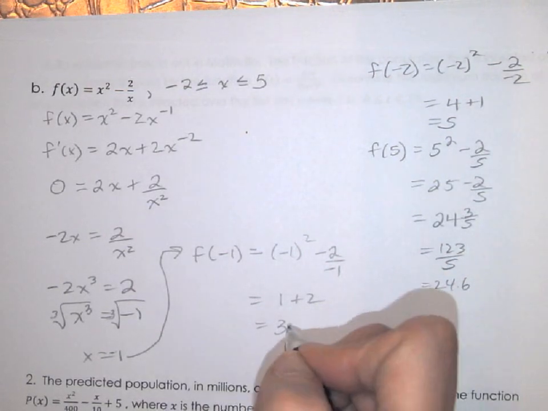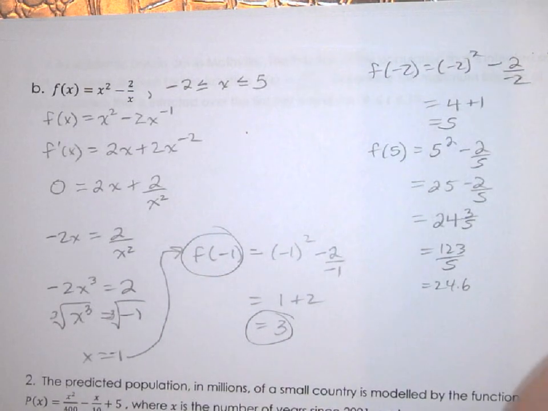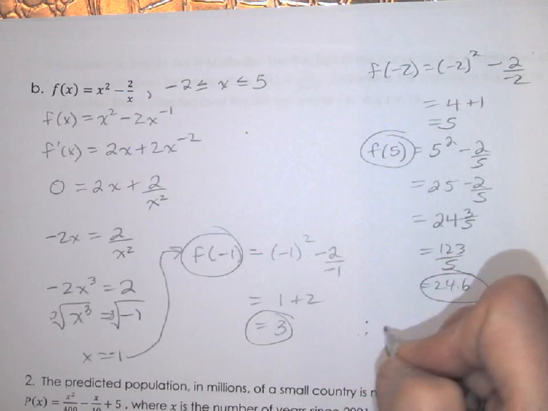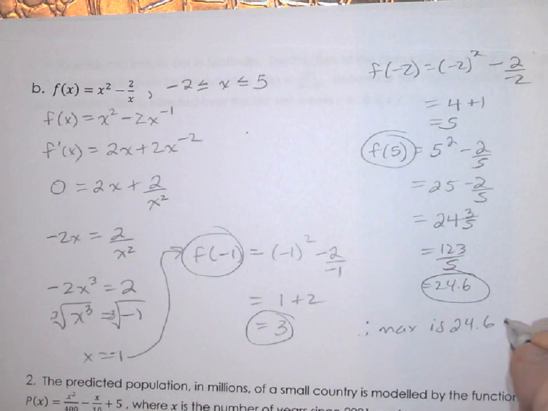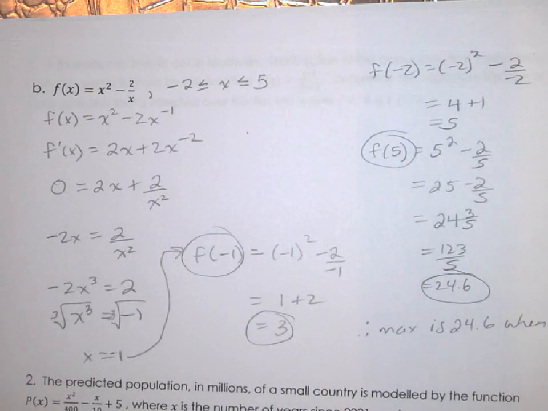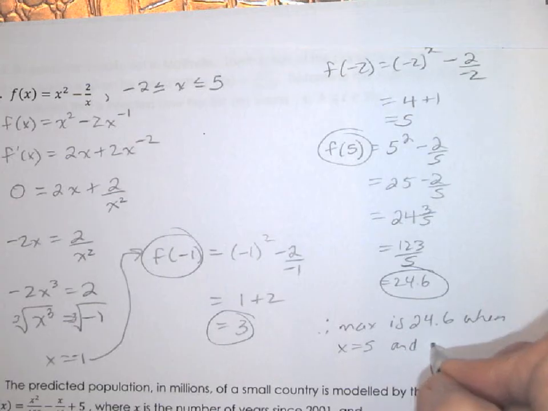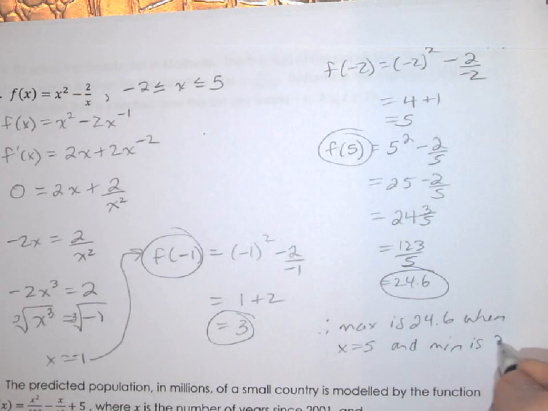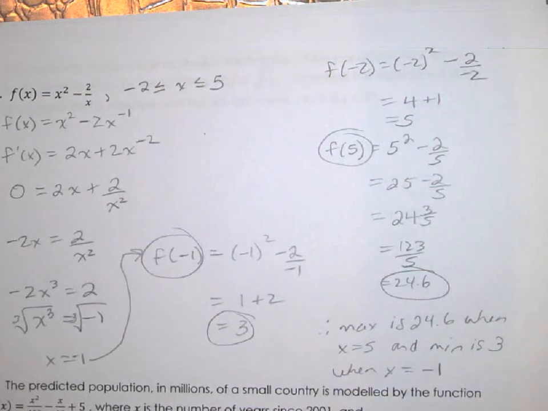So our overall minimum is here at -1, and our overall maximum is at 5. So therefore, max is 24.6 when x equals 5, and min is 3 when x equals -1.